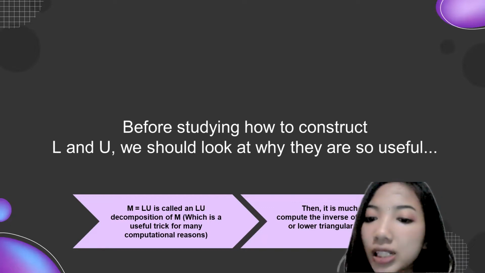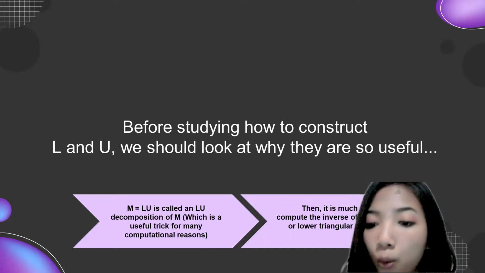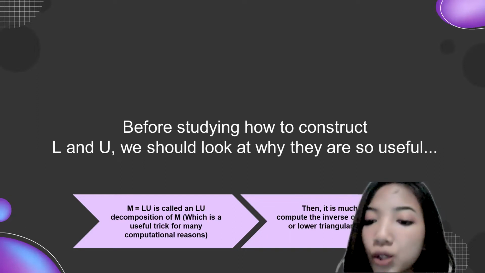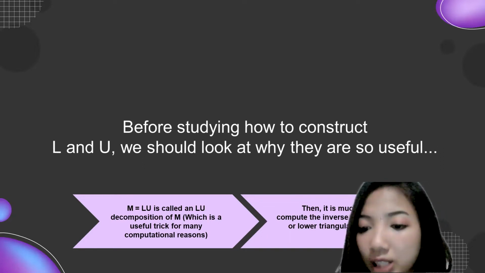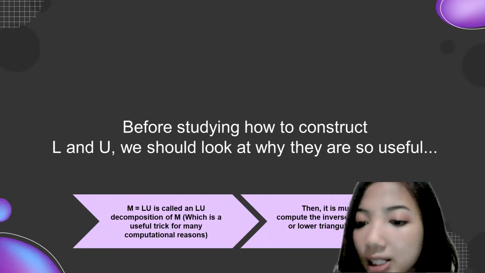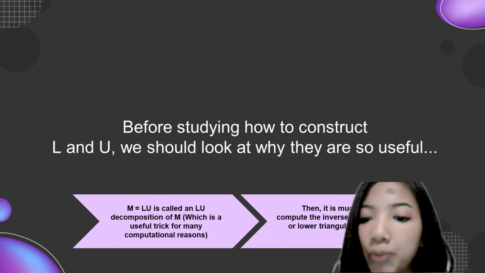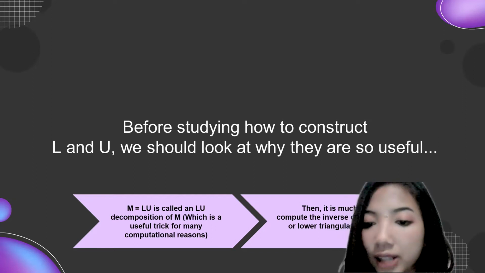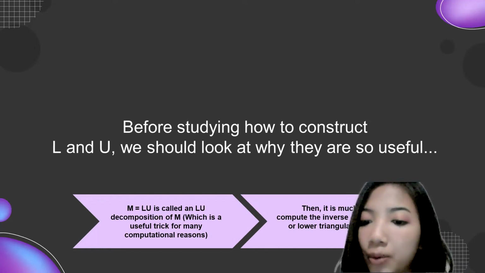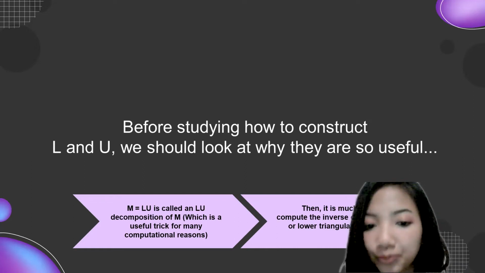It is much easier to compute the inverse of an upper or lower triangular matrix. So basically, LU factorization changes a complicated matrix into two significantly simpler matrices, which brings us to it being easier to compute the inverse of an upper or lower triangular matrix.